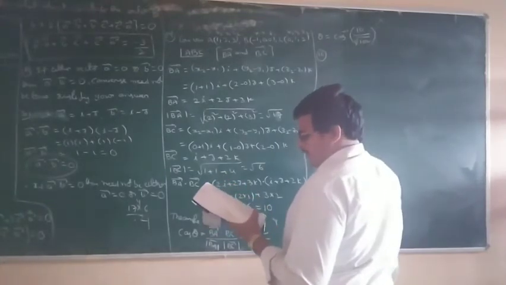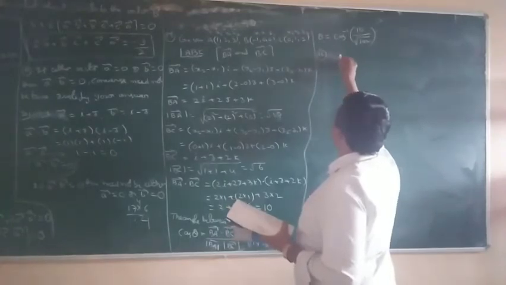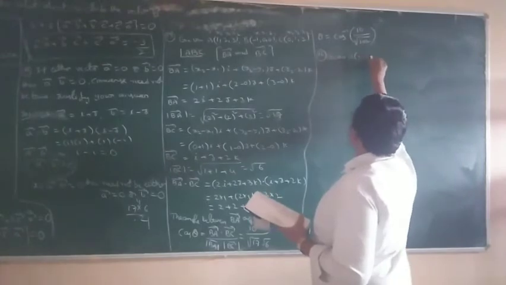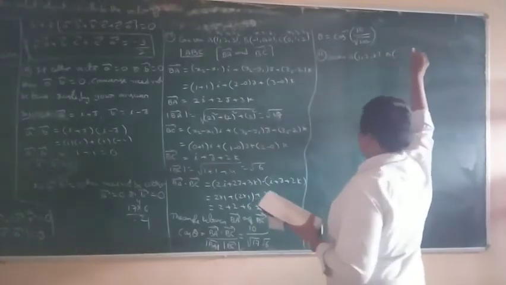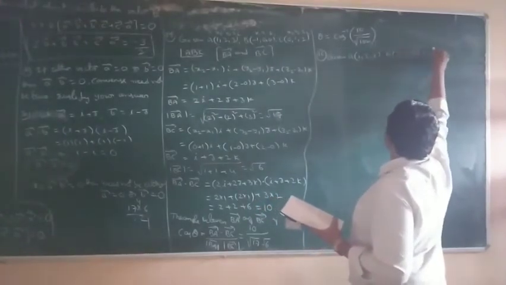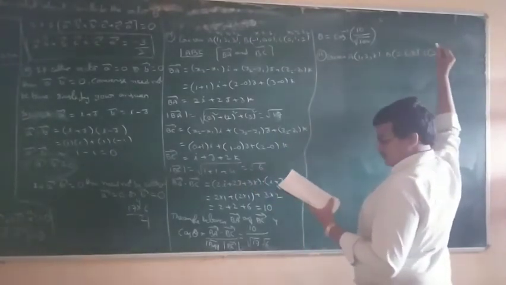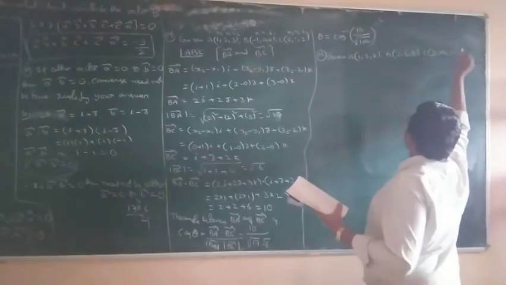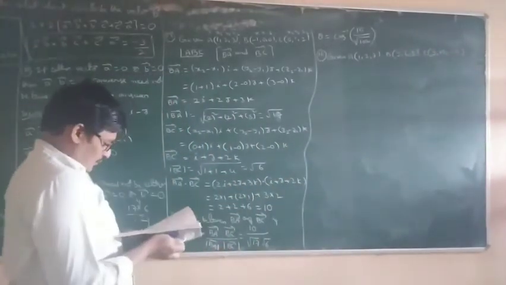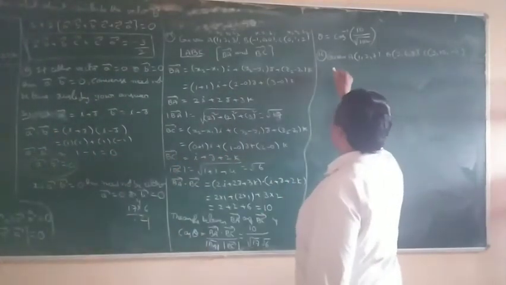Show that the given points A (1, 2, 7), B (2, 6, 3), C (3, 10, minus 1) are collinear.